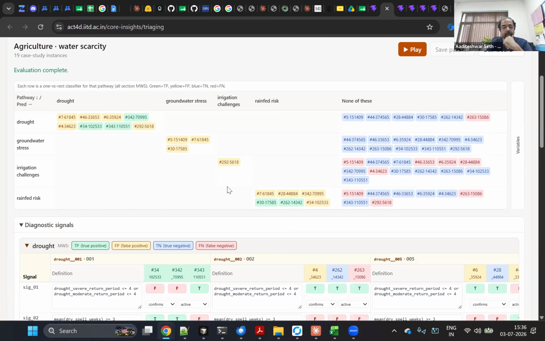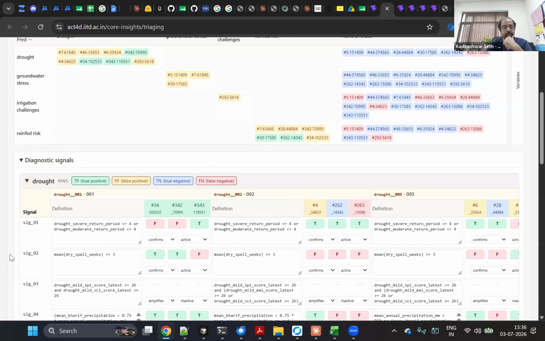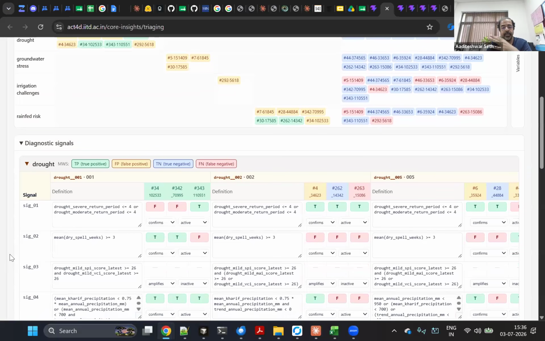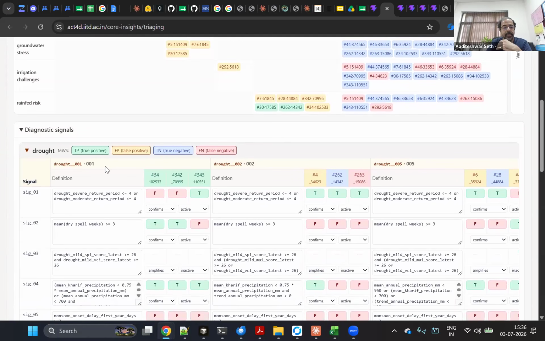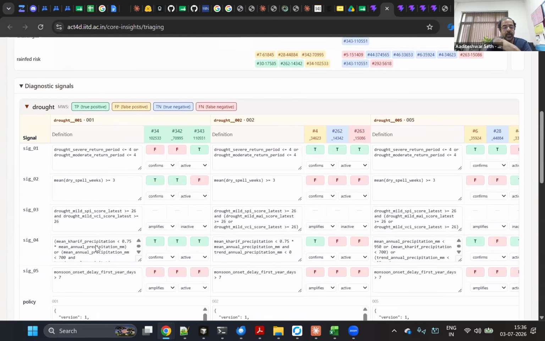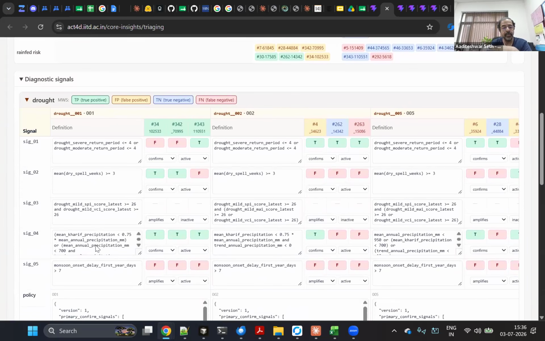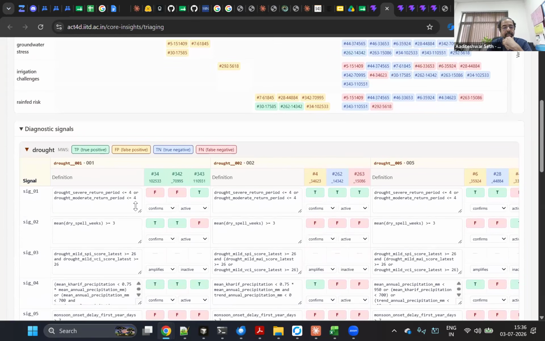So what the triaging dashboard lets you do is that it picks up the stuff that Claude returned. These are the expressions that Claude returned, or we edited and we got something, and then it lets you edit these things. So let's say now this one didn't get classified because it said that severe drought return period is 8.